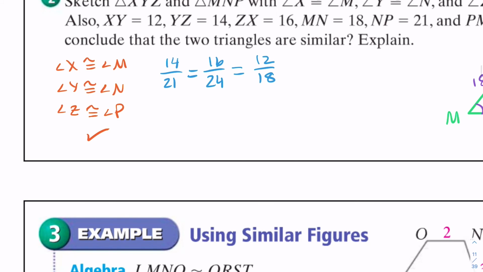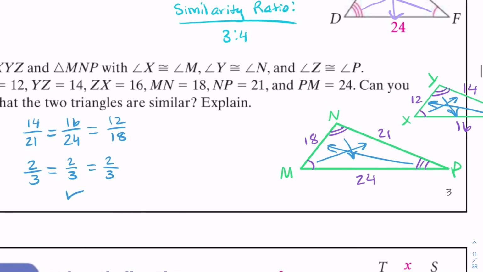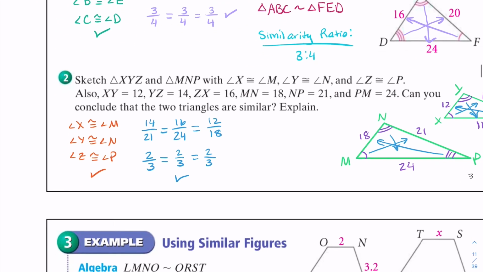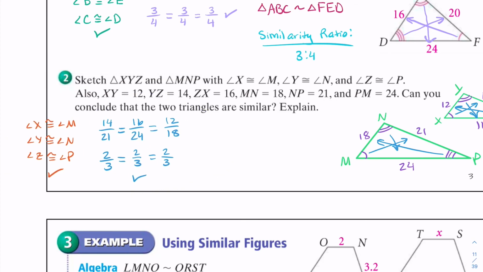So 7, 14, 21. So 2/3. 8, 16, 24, that's 2/3. 6, 12, 18, that's 2/3. So that checks out. Okay. And so, yeah, these are similar. And my explanation is what I wrote out here. I don't need to write any other explanation. This is plenty.